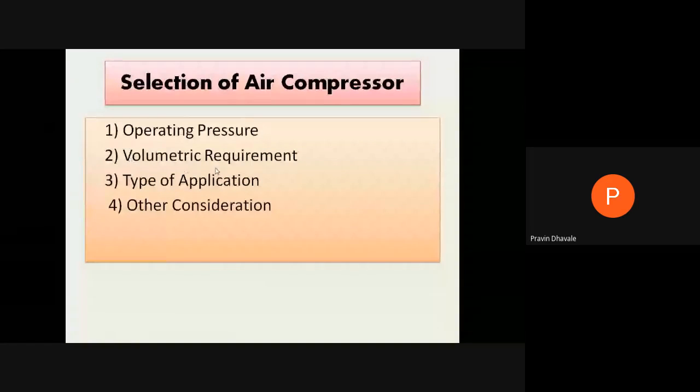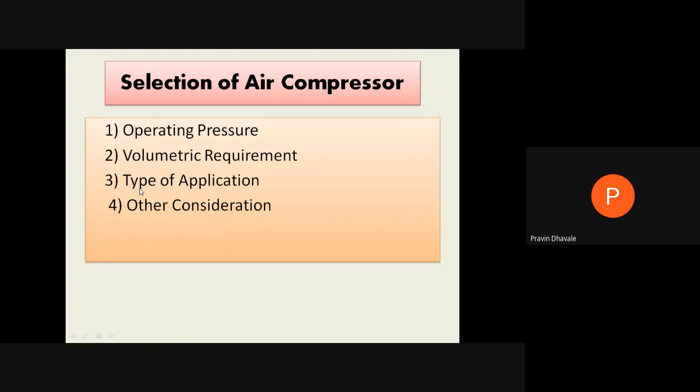Always keep in mind that you have to select the compressor which will supply the required volumetric air, in cubic meters per second. Whatever the volume displaced by the compressor, it must be higher than the volume requirement of the pneumatic system.